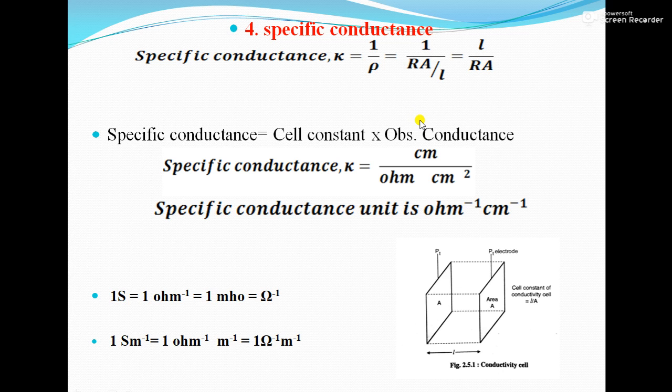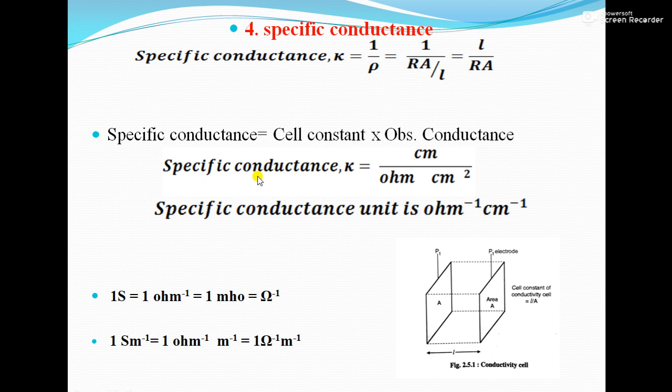Next is specific conductance. It is the reciprocal of specific resistance. It is denoted by K. So K is 1 upon rho, and rho value is RA upon L. So 1 upon RA by L. That L will go to the upper side, and its unit, since the unit of rho is ohm dot centimeter, its inverse will be per ohm per centimeter.